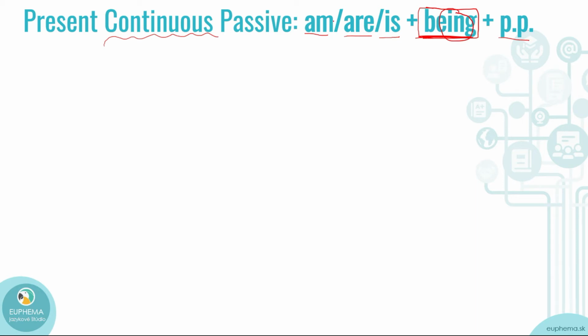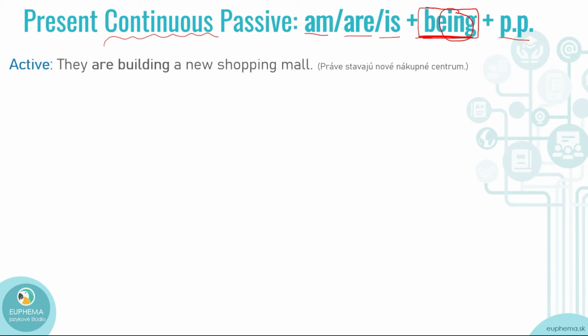So am or is plus being plus past participle. I have to say that in Slovak, we do not differentiate between this passive present simple and passive present continuous. We say the same thing. So that's why sometimes this is kind of problematic for Slovak learners of English. But just for help, I put there this word práve that signalizes that the action is being done right now.